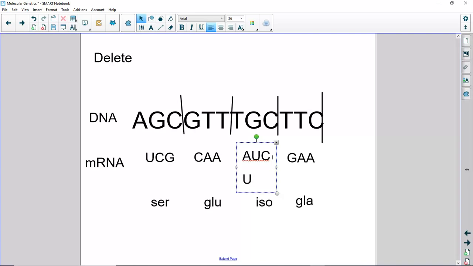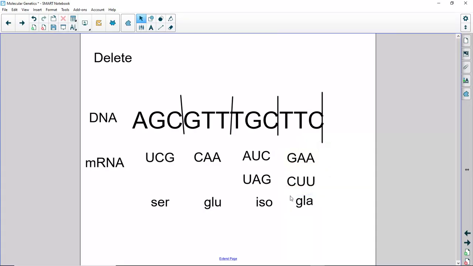You've got U, excuse me, G, right? And this one has changed. This amino acid has changed. So again, here you look up what TTC would be. And I know. C, U. All right, now that means that the amino acids have changed.